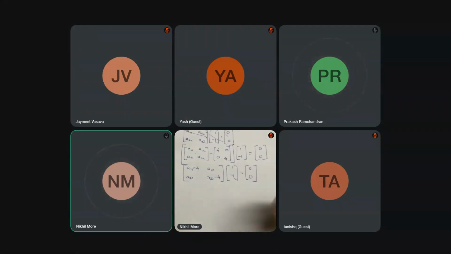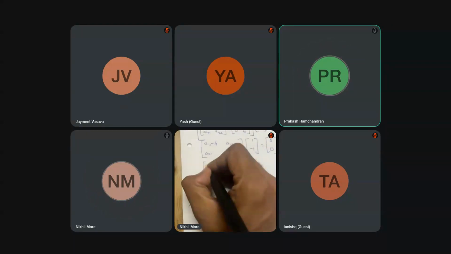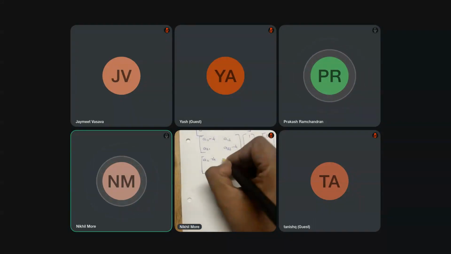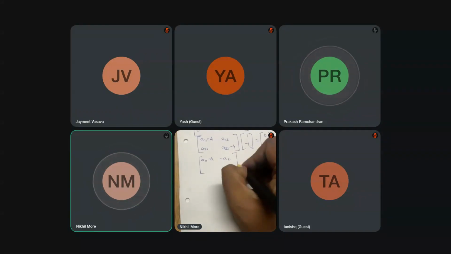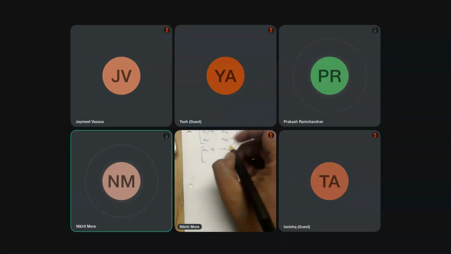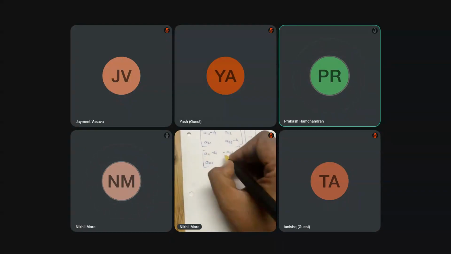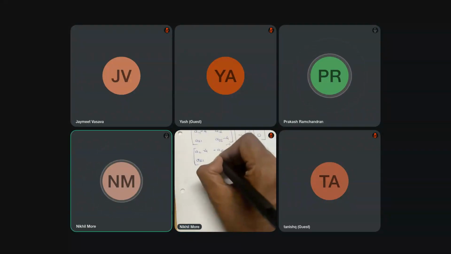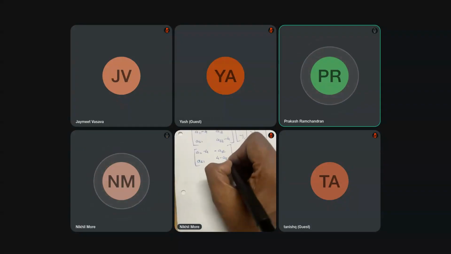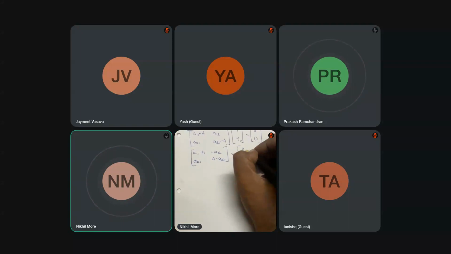Now you will get the equations: A11 minus 4, then A12 multiplied by minus 1, so minus A12. A21, and then minus A22 plus 4, giving us 0.